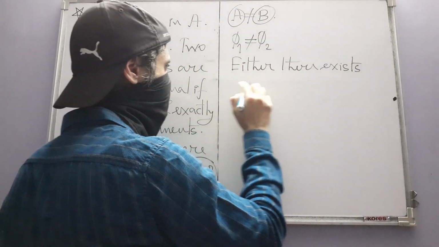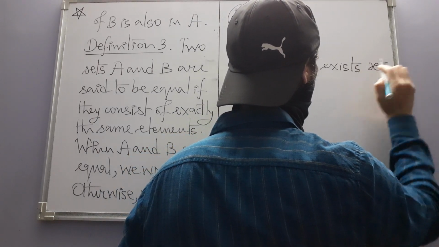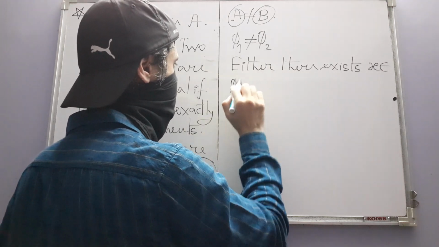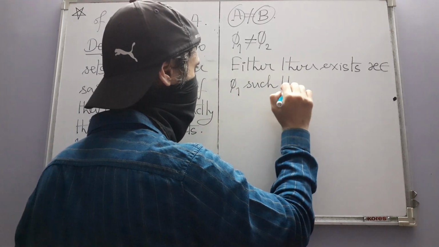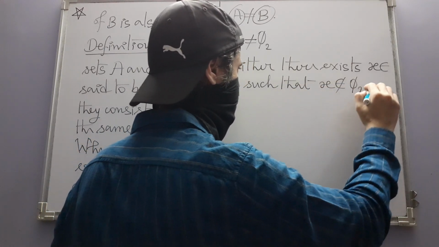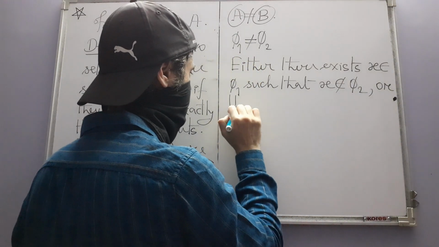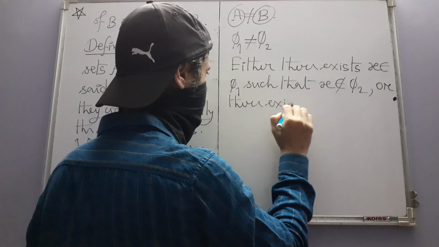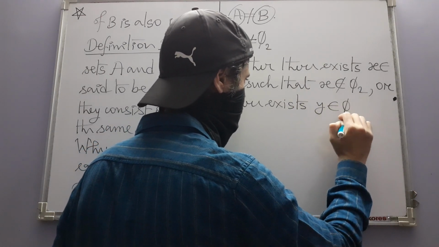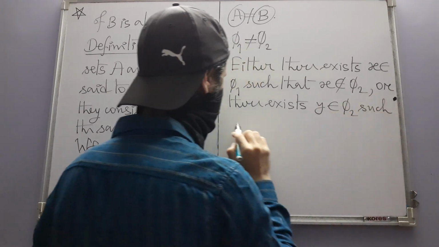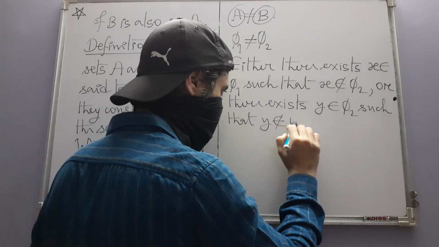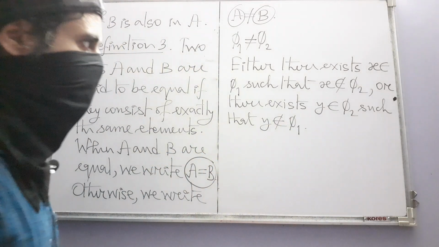That we can of course express in the language of set theory. Either there exists X belonging to the first empty set such that X is not in the second empty set, or there exists some element Y in the second empty set such that Y does not belong to the first empty set.